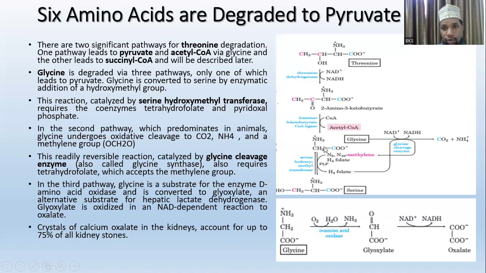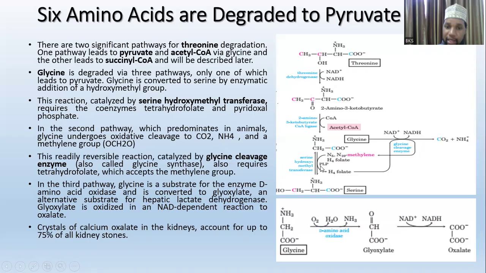And this group, which is the methylene group, is now transferred to tetrahydrofolate to form N5,N10-methylene tetrahydrofolate. So it will serve as a source of carbon in any carbon transfer reaction. You can see this reaction uses tetrahydrofolate to convert it to N5,N10-methylene tetrahydrofolate.